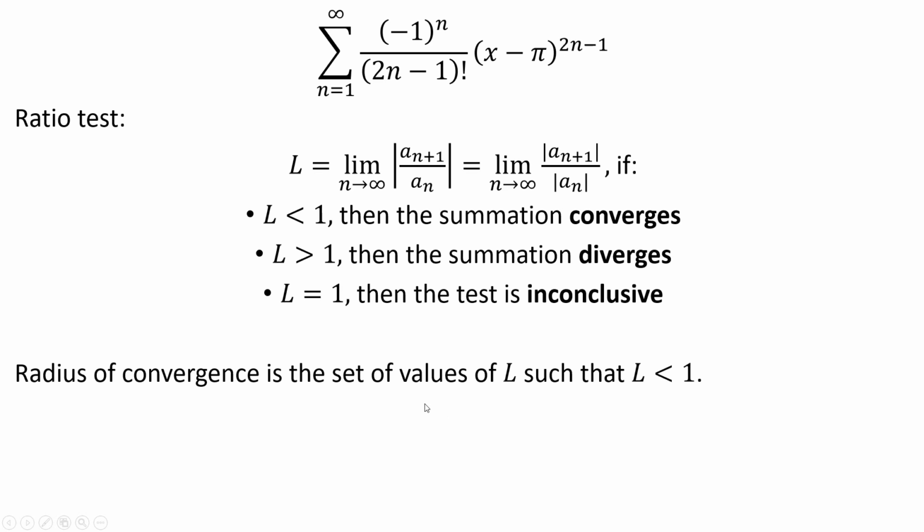So in order to calculate L, we need the mod of a sub n and the mod of a sub n plus 1. So we're calculating these for a generic value of the term, so we're just using n and n plus 1.